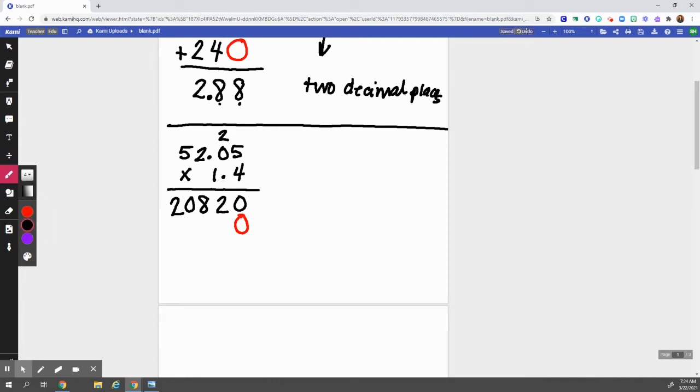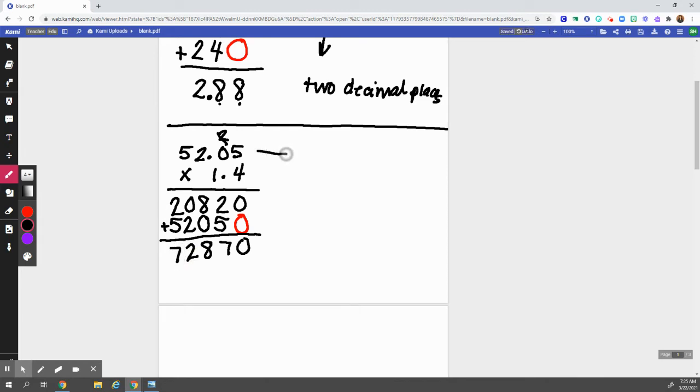So 1 times 5 is 5. 1 times 0 is 0. We don't need that 2 for this one. 1 times 2 is 2. And 1 times 5 is 5. And then we're going to go ahead and add straight down. So we got 0. 2 plus 5 is 7. 8 plus 0 is 8, 2 plus 0 is 2, and 7.